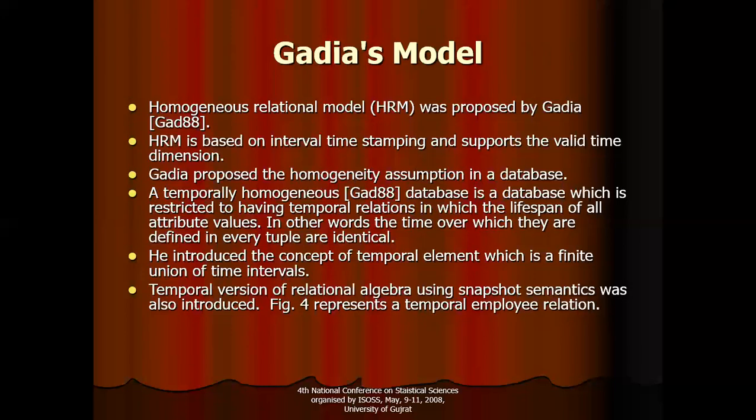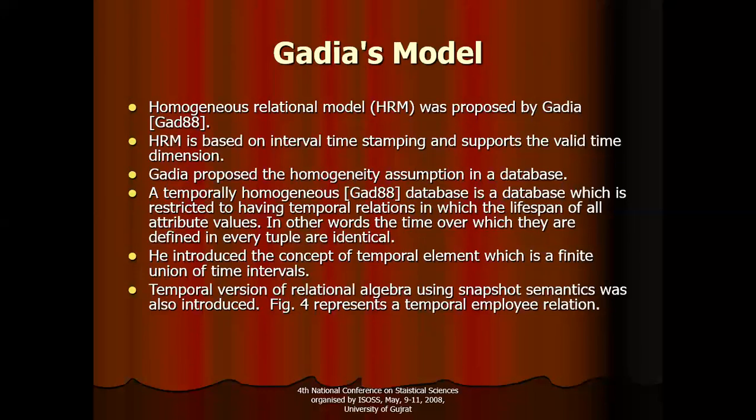For example, a fact is true from 1 to 3, then from 5 to 7, and then from 7 to 9. If the fact is true in three various intervals, a temporal element can manage all those intervals in terms of union operations. As you know, whenever you apply a union operator, you are combining all those intervals together.